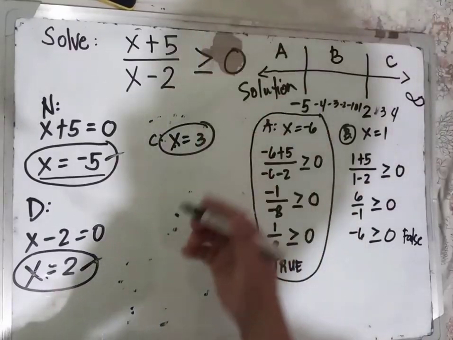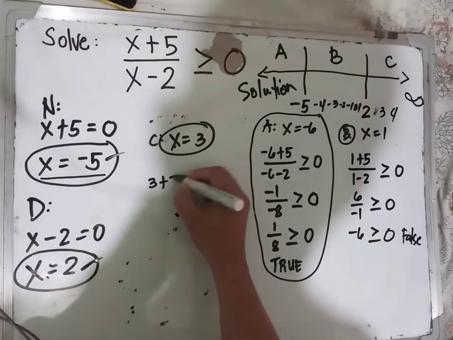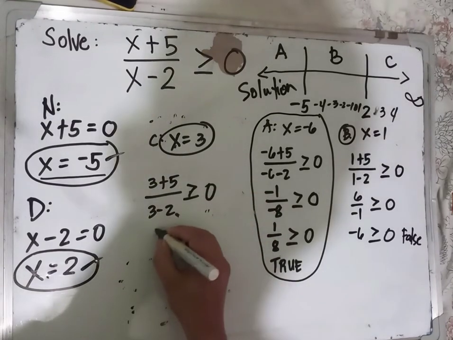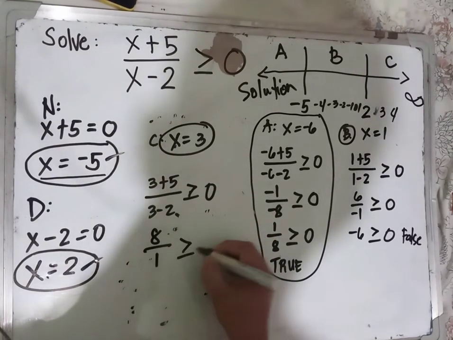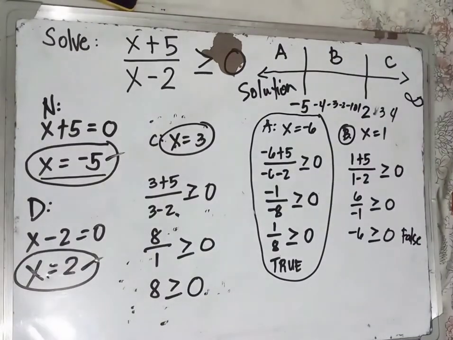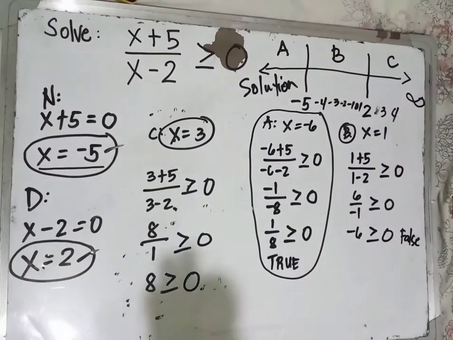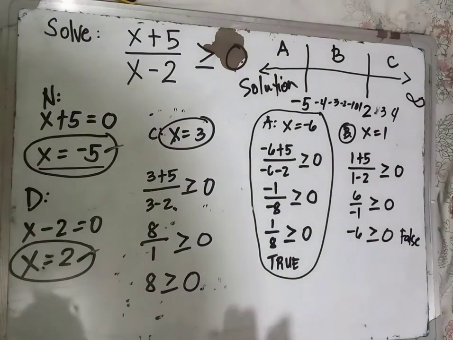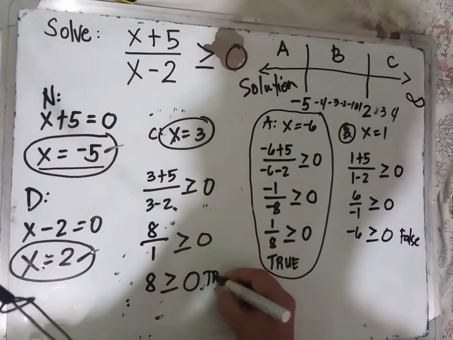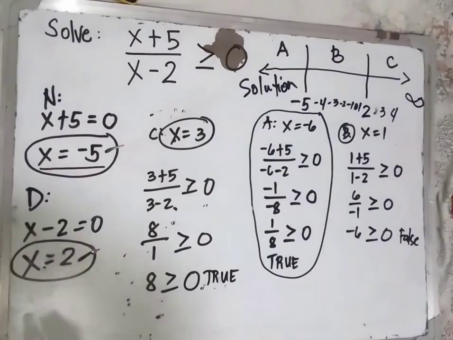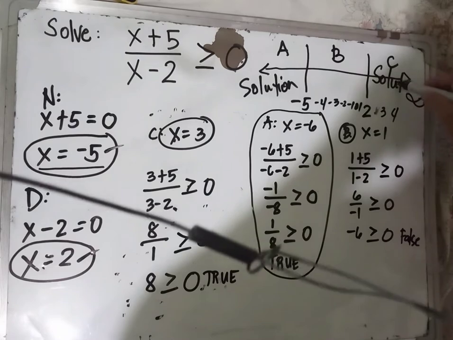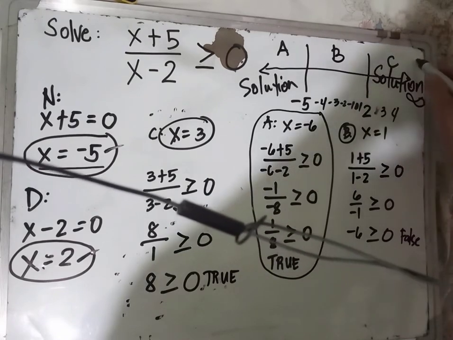Substitute that to the given inequality. So 3 plus 5 over 3 minus 2 greater than or equal to 0. So 8 over 1, that is 8 greater than or equal to 0. Yes or no? Or true or false? So that is true. So meaning, yung solution natin, makita natin sa interval A and interval C.